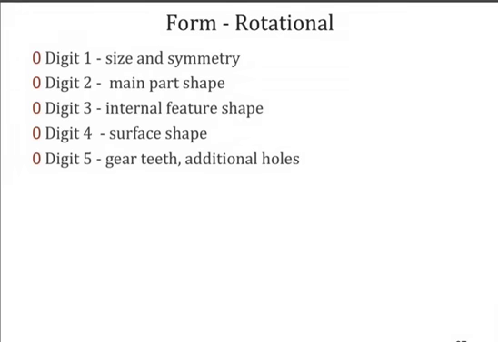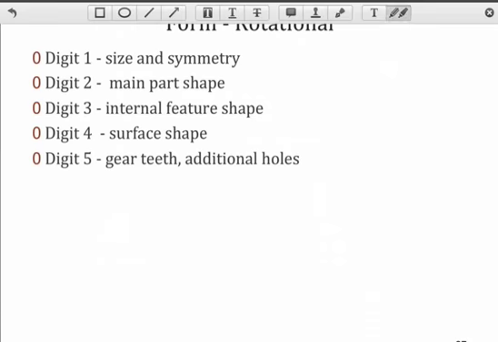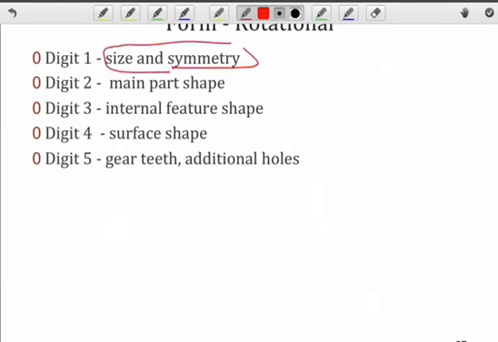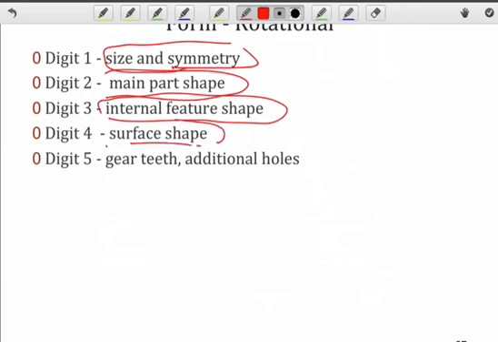Well, let's look at the first digit. The digit 1 is based upon the size, in other words, the scale of the part, and the symmetry of the part. How symmetric is that part? The second digit has to do with the main part shape, or we can think of that as the external geometry of our part. Digit 3 will deal with internal features, and digit 4, if I have surfaces, such as flat surfaces, how do we treat those?